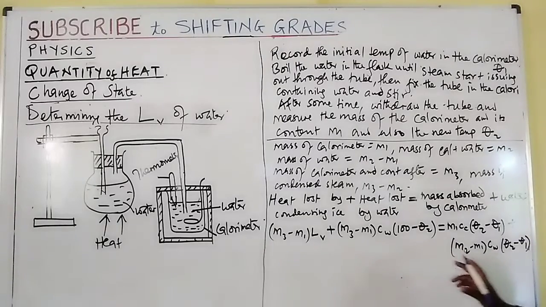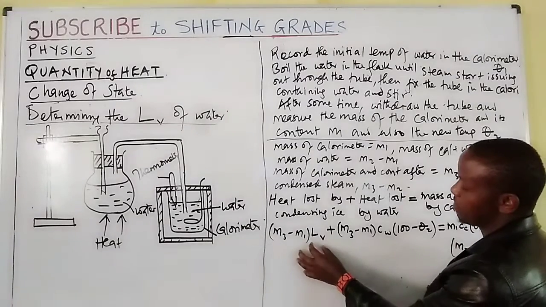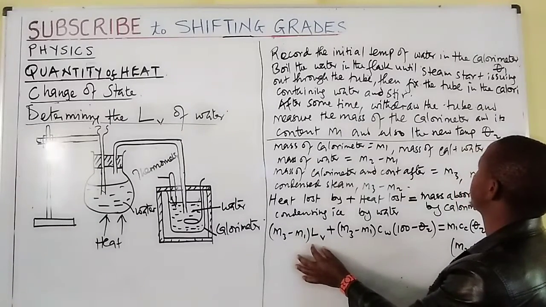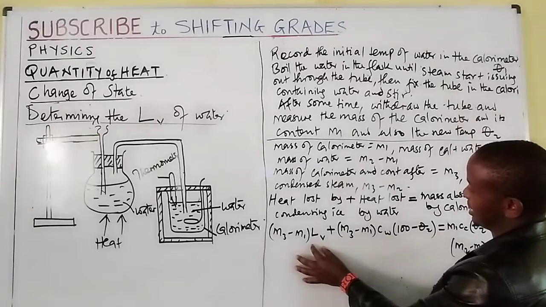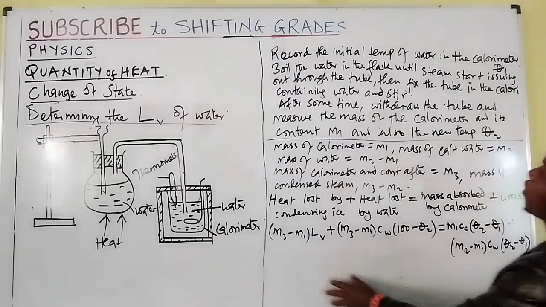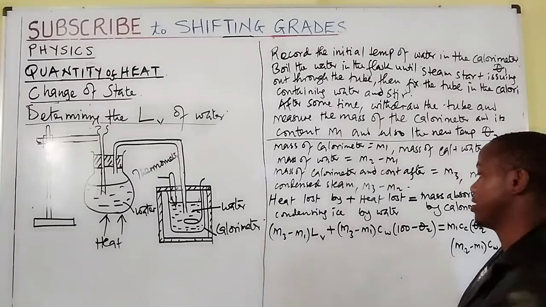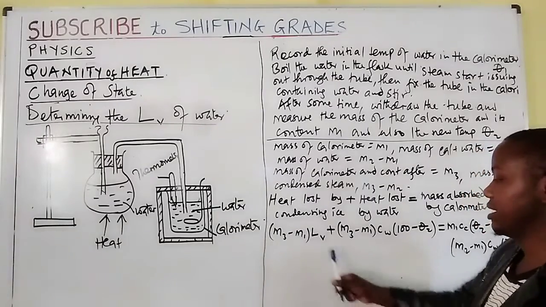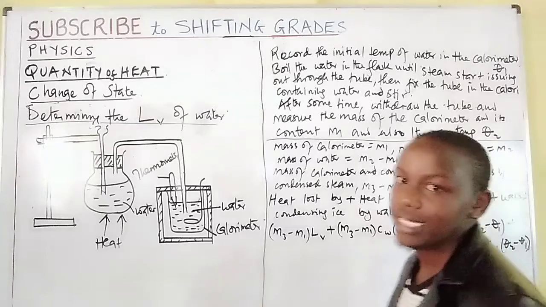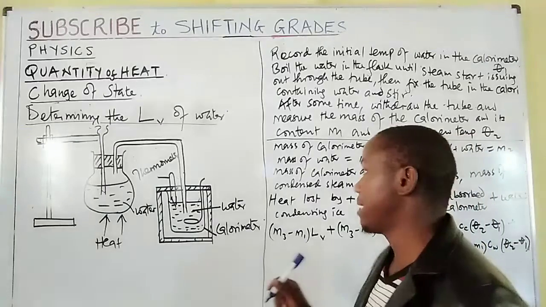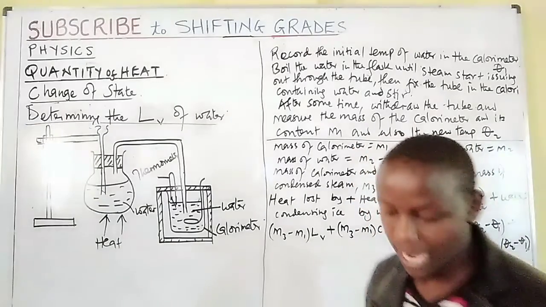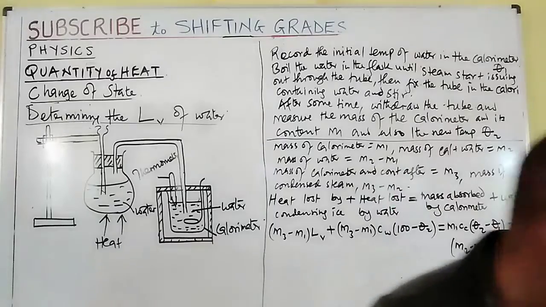And in this expression, the only unknown is the latent heat of vaporization of steam, for steam to change back to water. So we can take an example to understand the concept better.